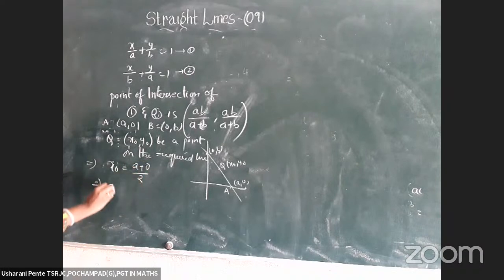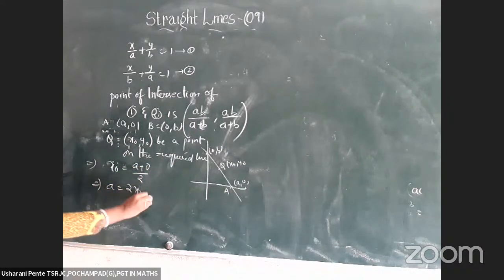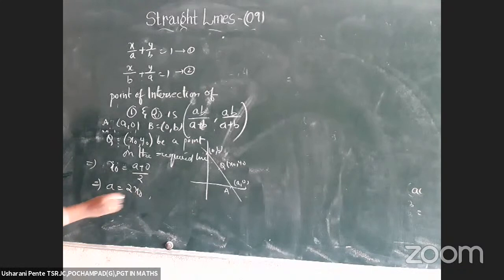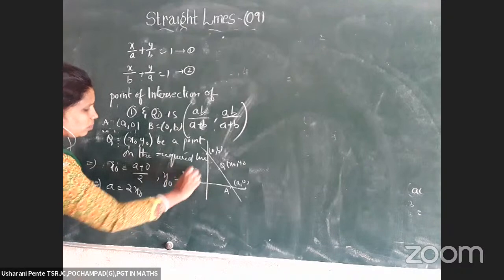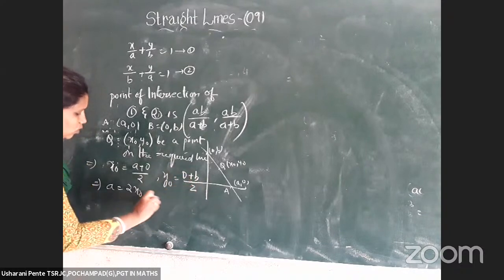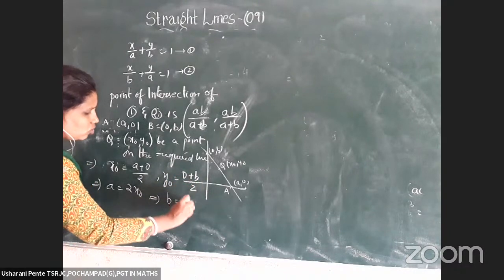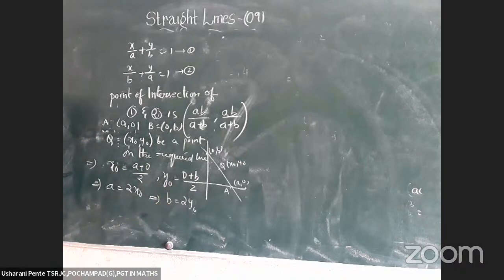This implies A is equal to 2 times x naught, and y naught is equal to (0 plus B) by 2. This implies B is equal to 2 times y naught.